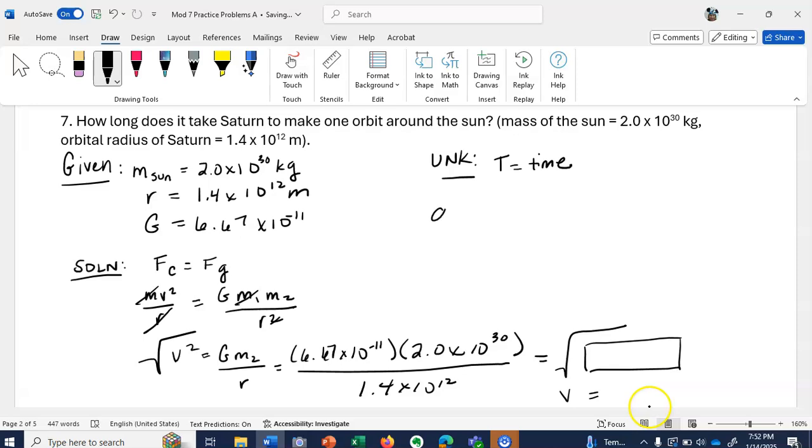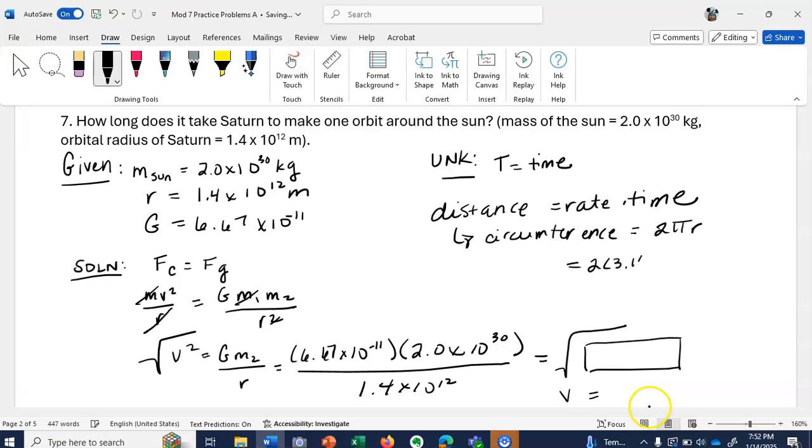Once you have the velocity, we're going back to distance is equal to rate times time. Our distance is circumference, so we have 2 pi r, which is 2 times 3.14 times 1.4 times 10 to the 12th.